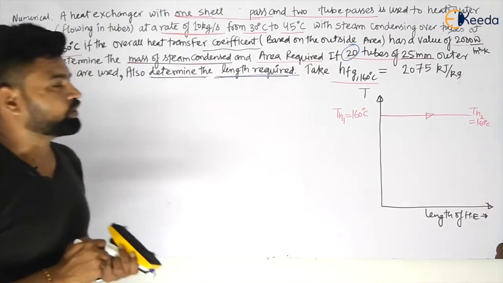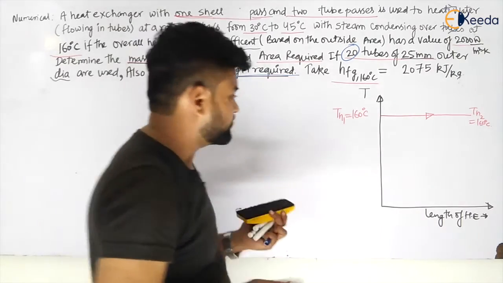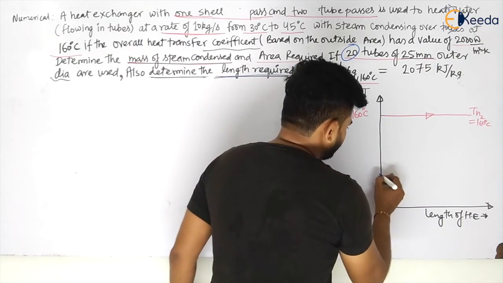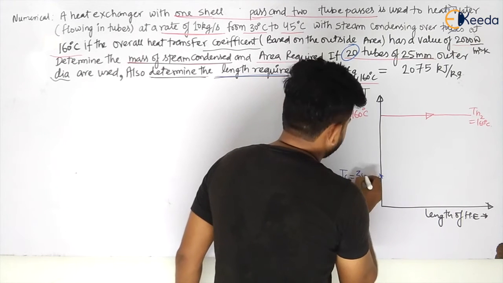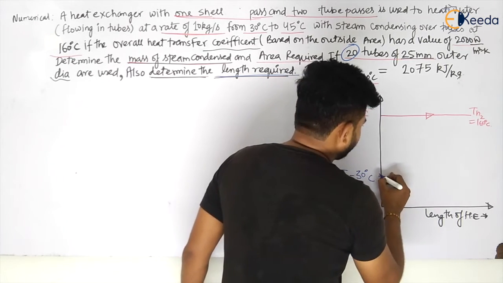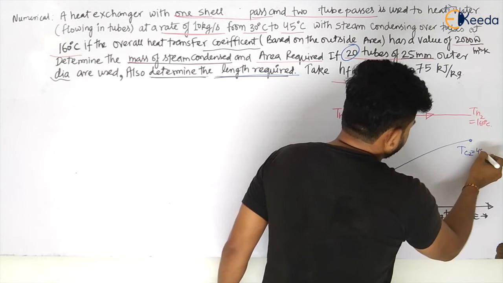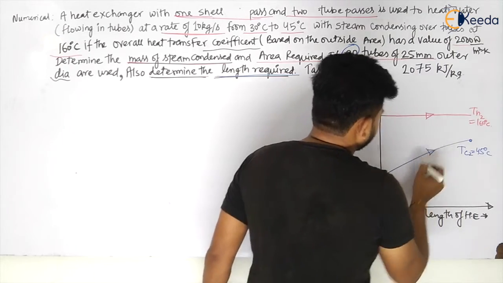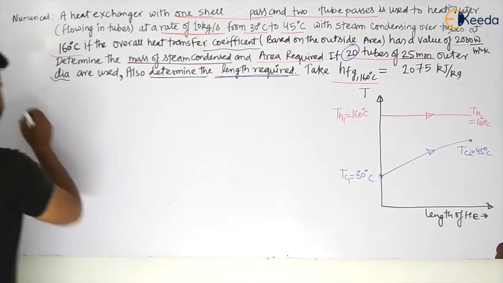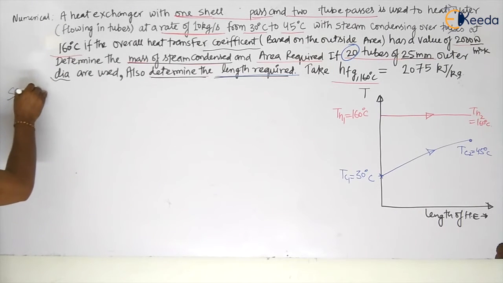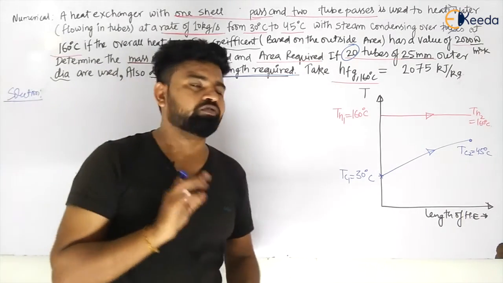Now cold water is flowing inside the tubes, my dear students, from TC1, which is 30 degrees Celsius, to TC2, which is 45 degrees Celsius. In the parallel flow case all the things will be the same, so no problem. You can also take the counter flow case in this case. Okay, now let us solve it.